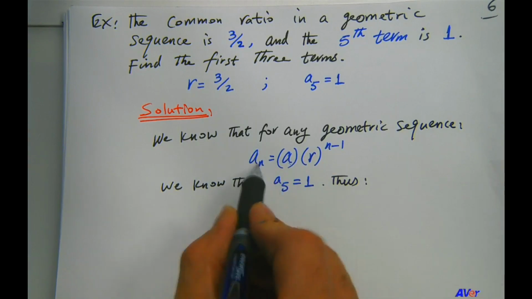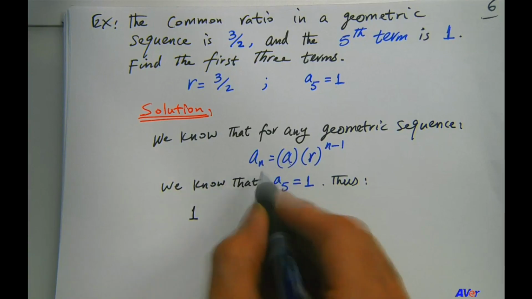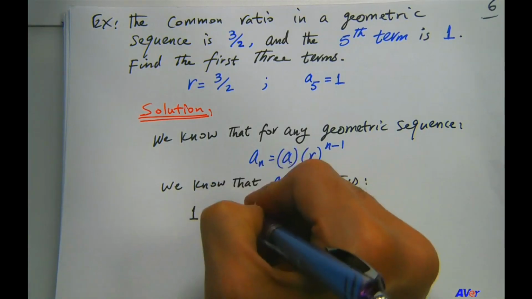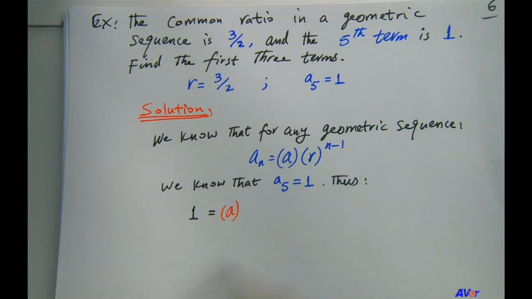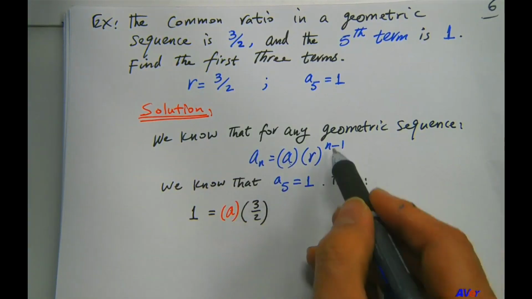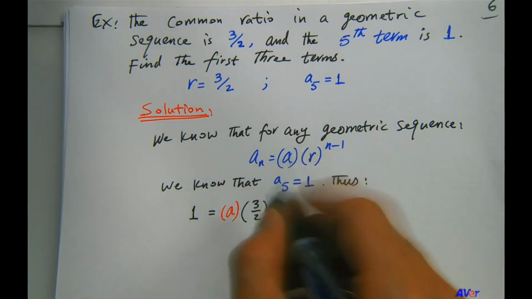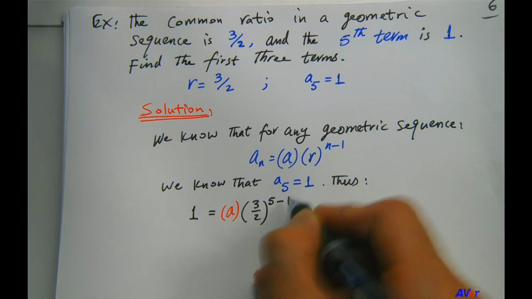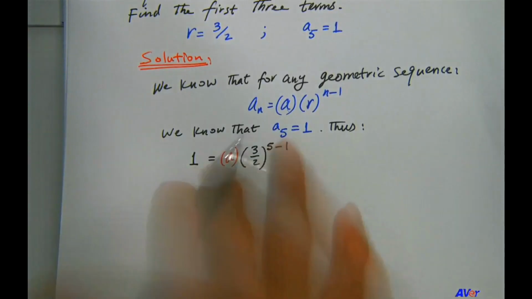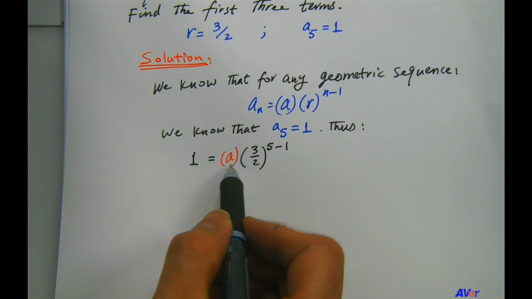We can substitute 1 for A5 equals A, which we don't know. We're looking for it. R is 3/2. And n should be what number for the 5th term? n is 5, right? So 5 minus 1. Okay, so let's simplify. And this is an equation with only one missing variable, right?